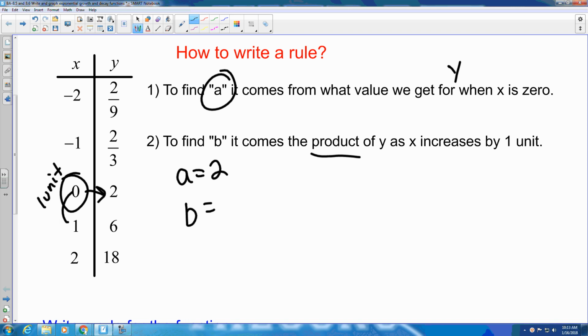And so between 1 unit, you just multiply 2 times 3, which gets us 6. Same thing here, 6 times 3 gives us 18. So the product each time was 3. That means that b is 3. And we can say that the rule will be y equals a, which is 2, times 3 raised to the x power.